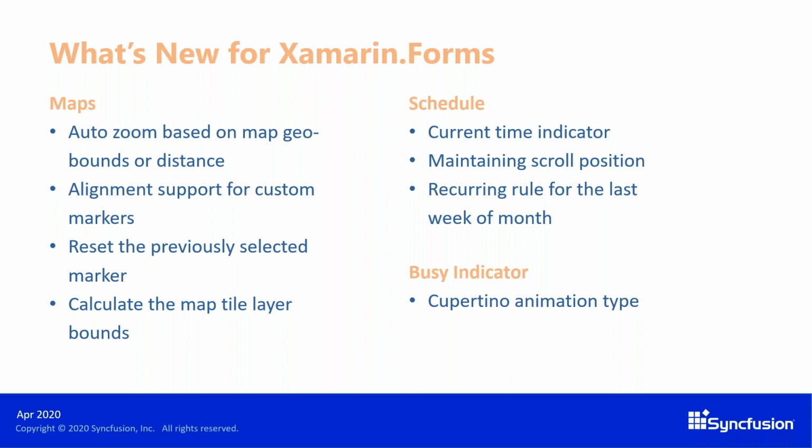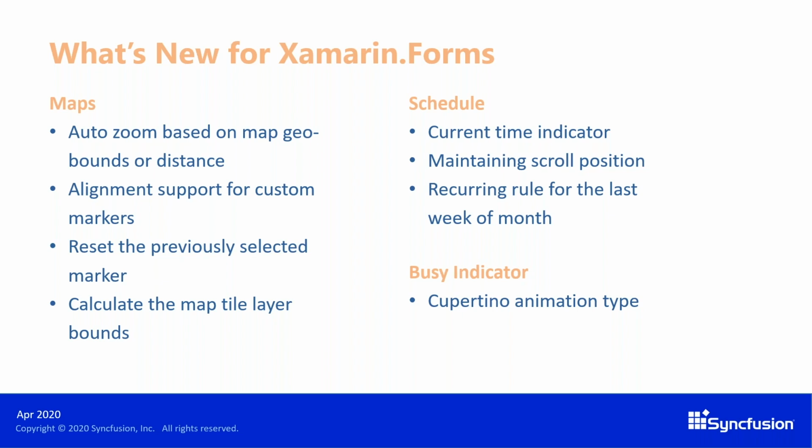For example, if you want to show the schedule control at a particular scroll position while displaying it, that is possible now. You can programmatically set the scrolling position, and you also have support for a recurring rule for the last week of the month. So if you have any recurring rule that needs to be set for the last week of the month, that is possible here.